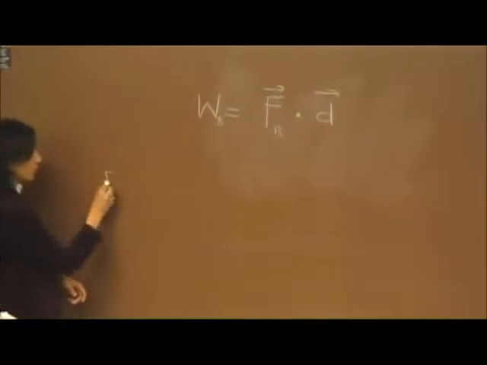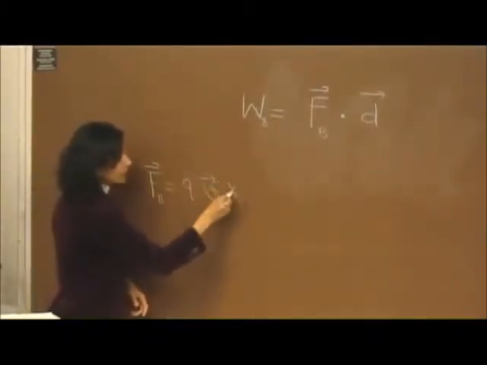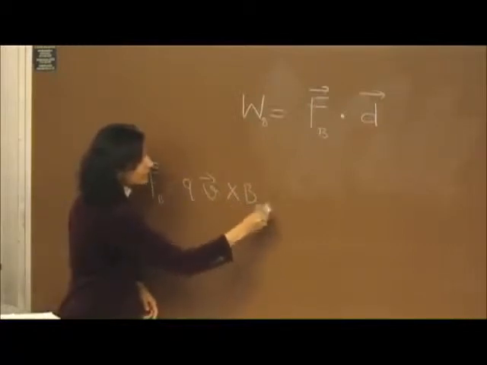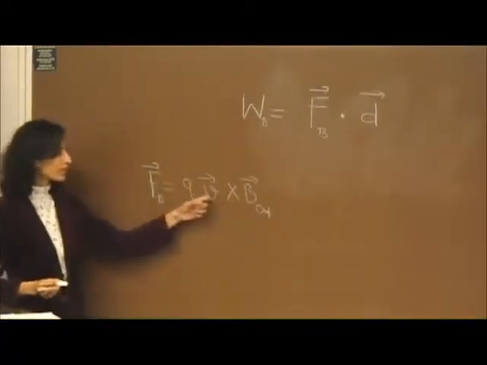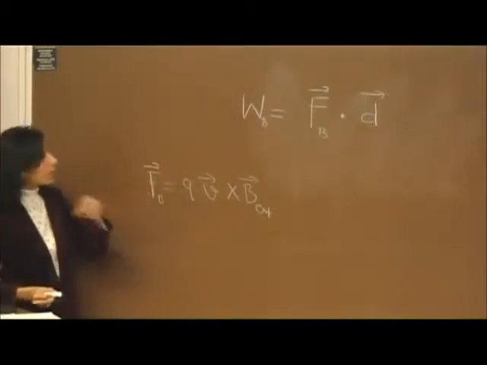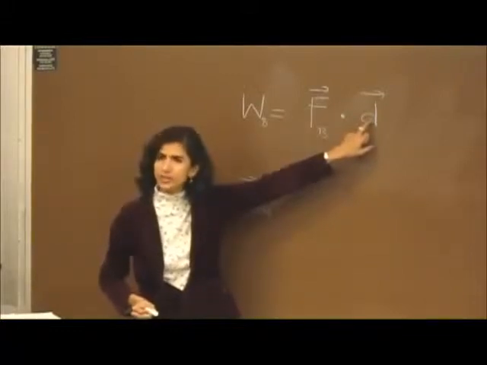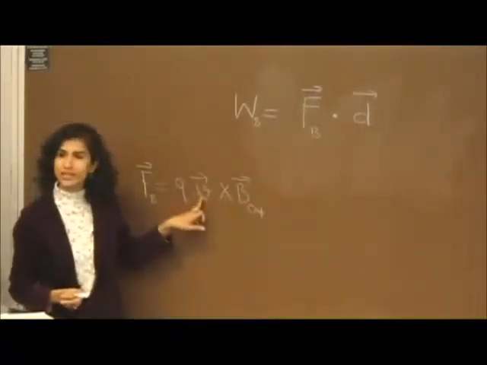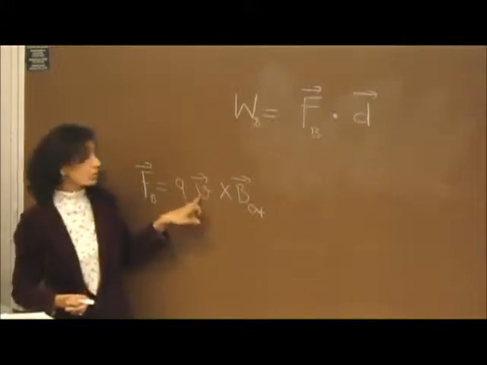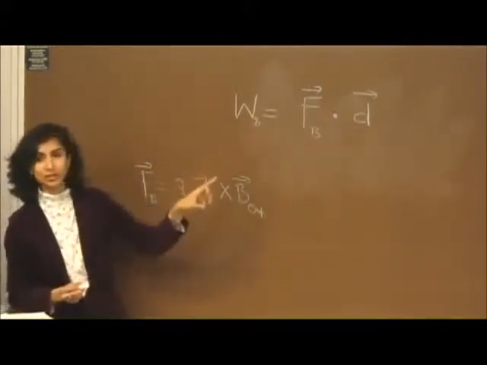Remember, magnetic force on a charged particle is Q V cross B, where B is some external magnetic field, V is the velocity of the charged particle, and Q is the charge. Now, is the direction of displacement always in the direction of the velocity? It is. So the displacement and the instantaneous velocity always point in the same direction.